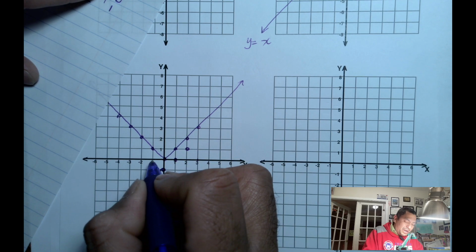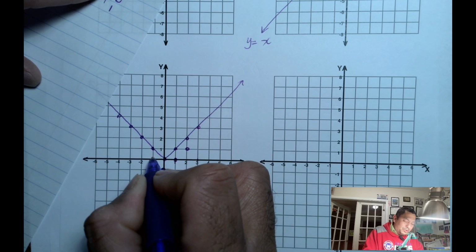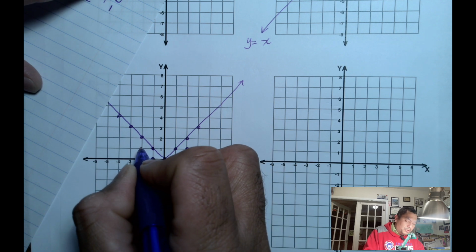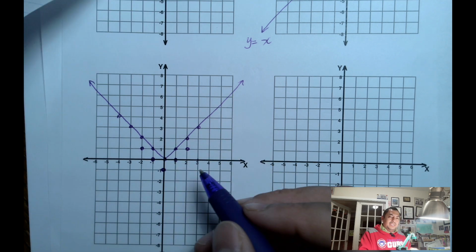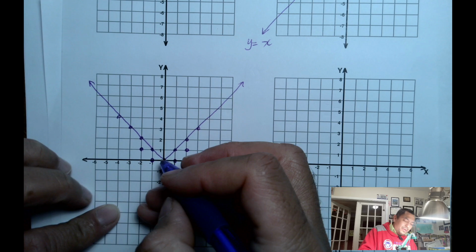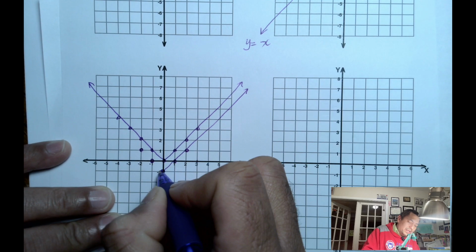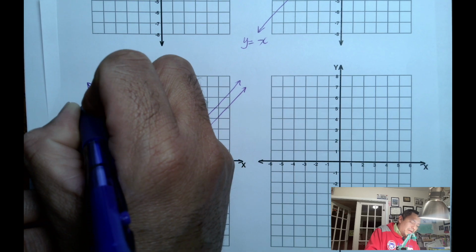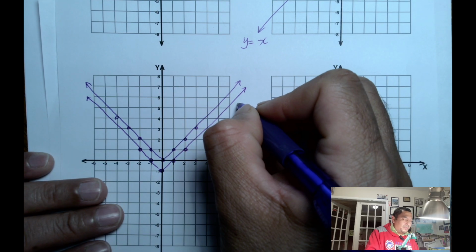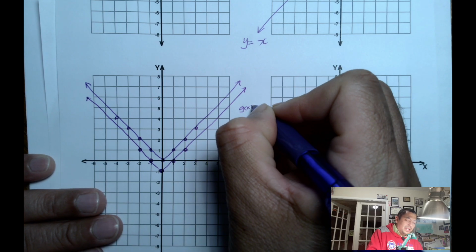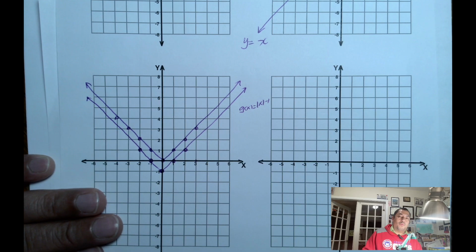When x is equal to -1, y is equal to 0. And when x is equal to -2, y is equal to 1. Can we see it's the same absolute value graph, but it just went down 1 unit. So this one is my g(x) equals the absolute value of x minus 1.